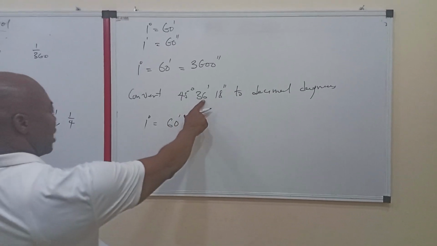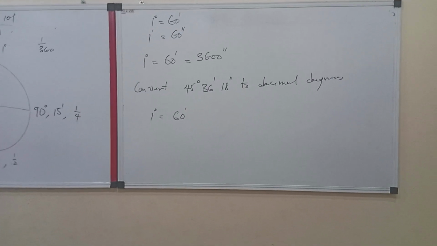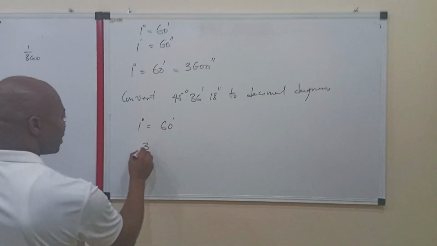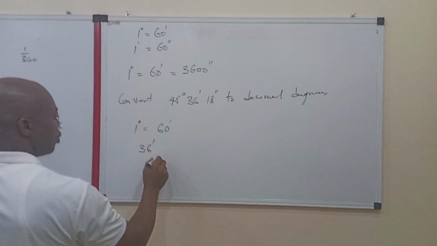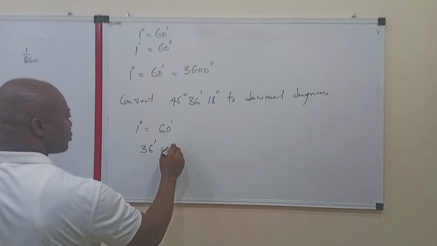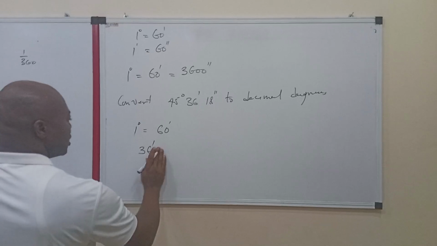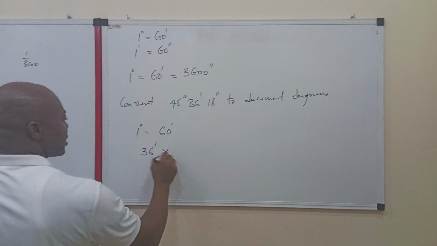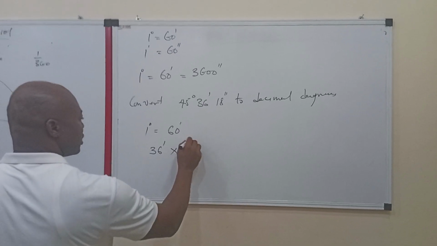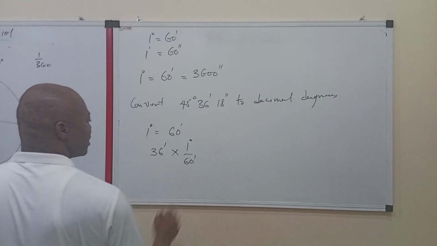So 36 minutes will be 36 times 1 degree all over 60.